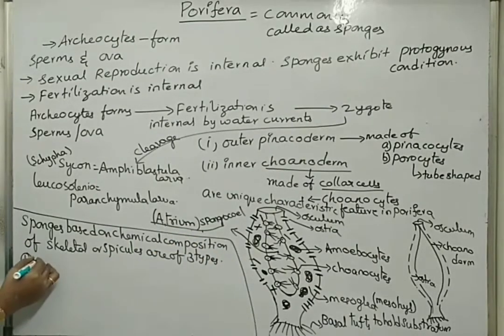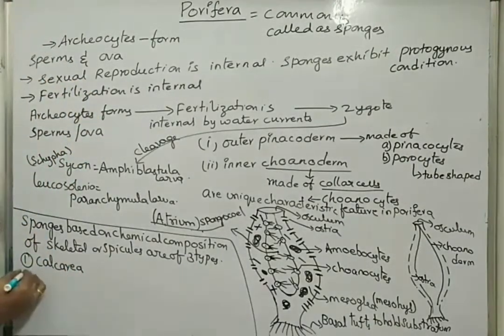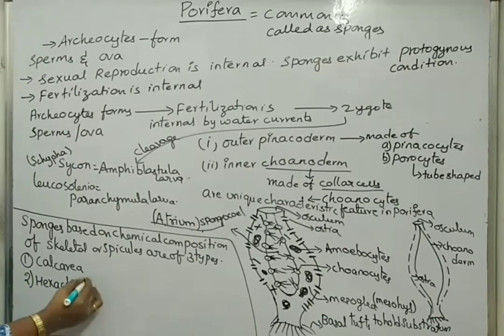We can say three classes. One is Calcarea, second one is Hexactinellida, third one is Desmospongia.